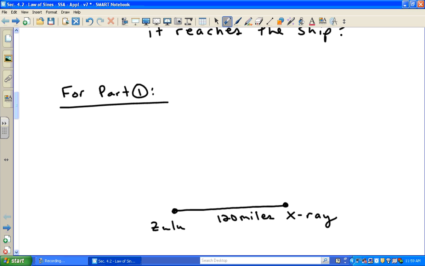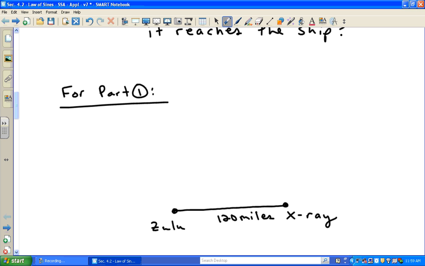For the ship, we're always taking the bearing from the station, so we can figure out where the ship is based on the bearings. The next part of the problem said, from Zulu, the bearing of the ship is north 40 degrees east.